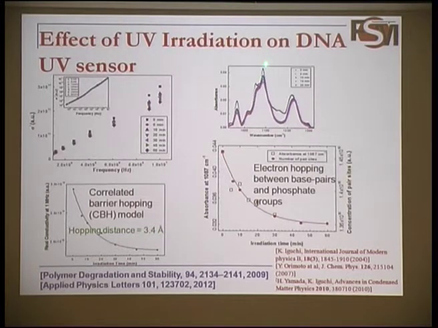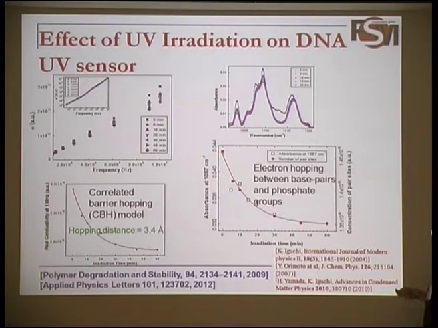We plot the conductivity of the sample, which is associated with the concentration of pair sites, with these squares in the graph, and the red points are the infrared data, the number of phosphate groups in the sample. And we can observe a similar decrease.